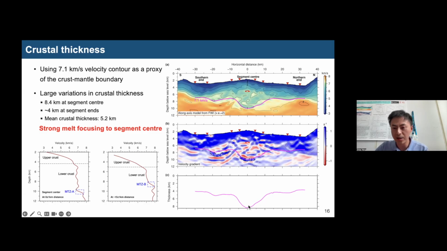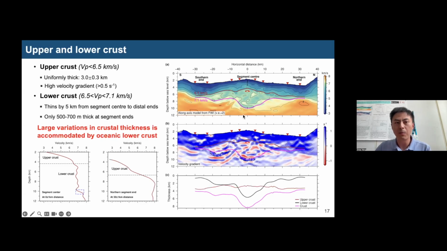We can see the crust is thick at the segment center, 8.4 kilometers, and it gradually thins towards the segment end. At the segment end, it's about 4 kilometers thick. The mean crustal thickness is 5.2 kilometers. This large crustal thickness variation indicates strong melt focusing to the segment center.